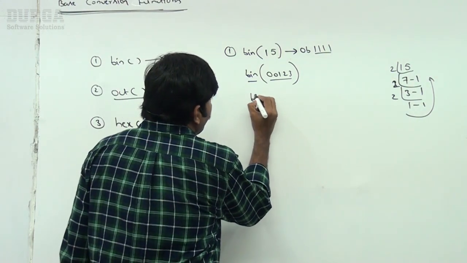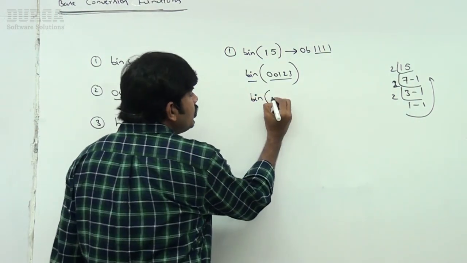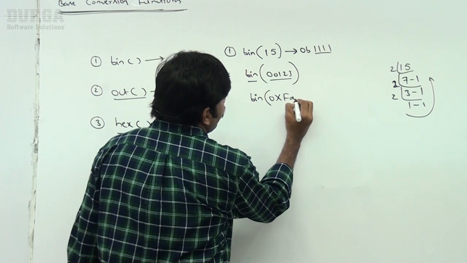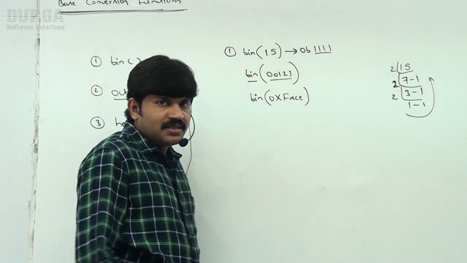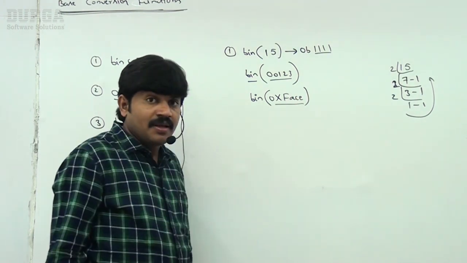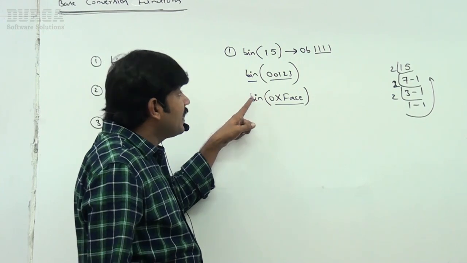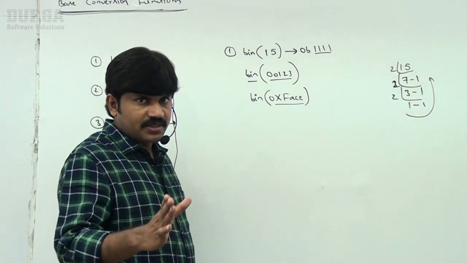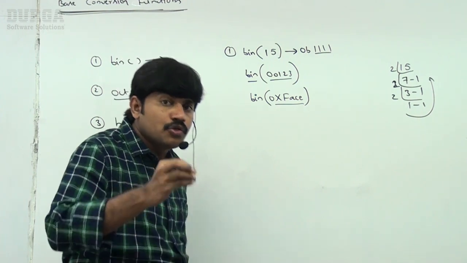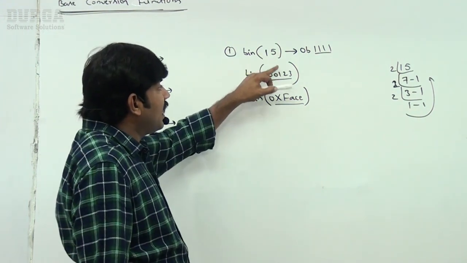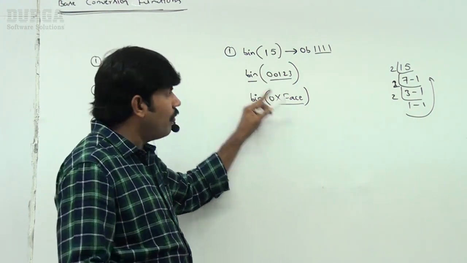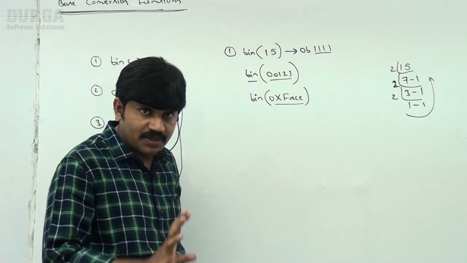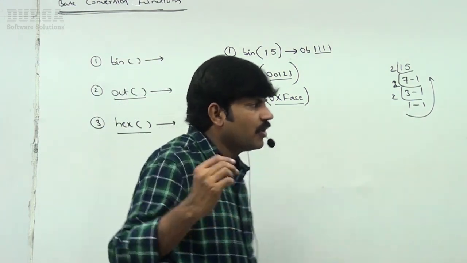Similarly, I have bin of 0xface. What is this number? A hexadecimal number. If you want to convert a hexadecimal number to binary, then this is the way. The bin function can be used to convert a number from other bases to the binary number system.